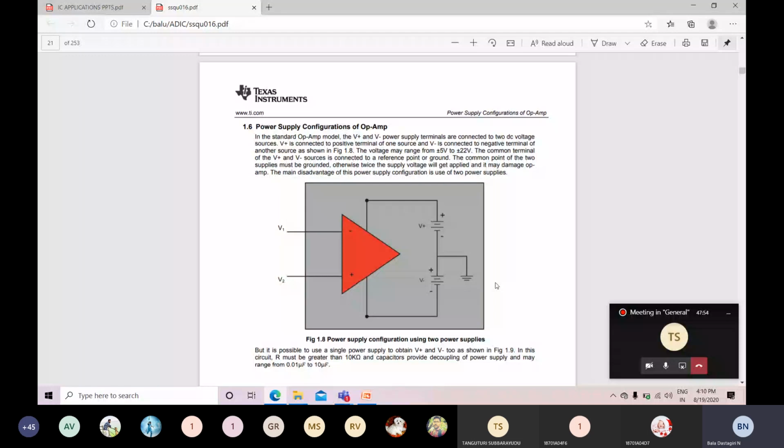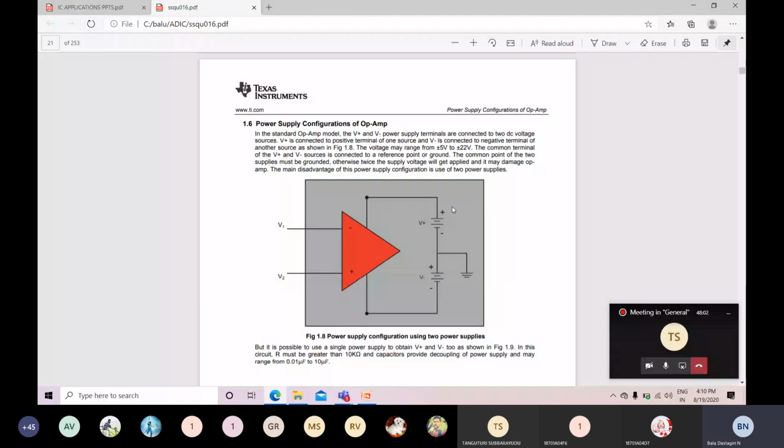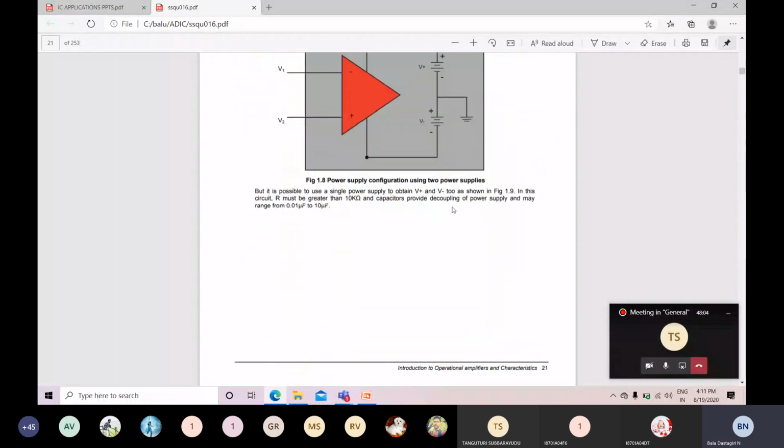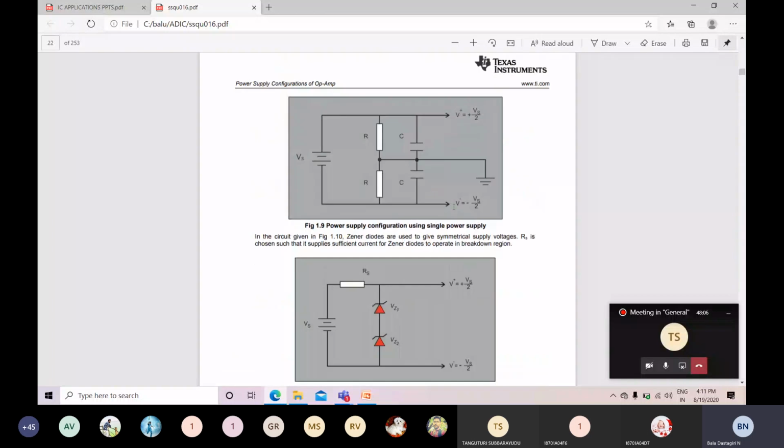The disadvantage of this kind of power supply is that it consists of two power supplies. In order to overcome this, sometimes we can give the power supply by using a single power supply source.